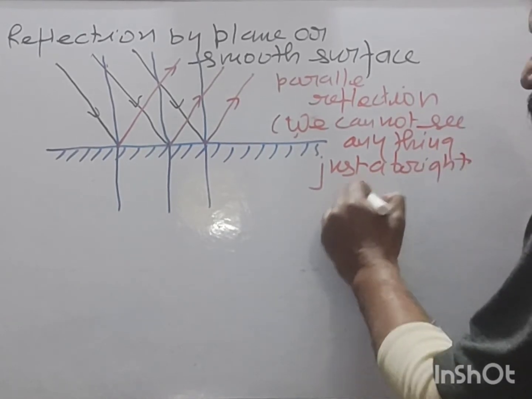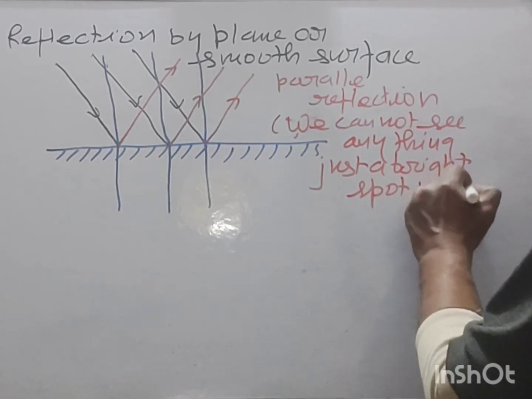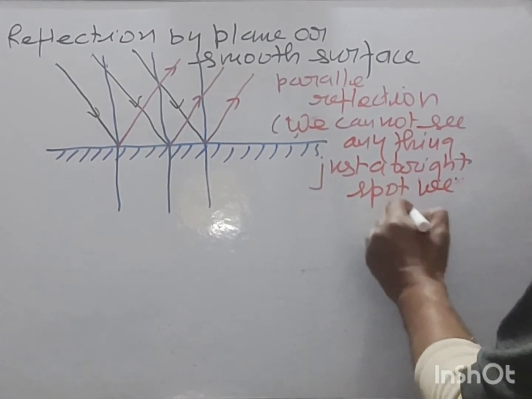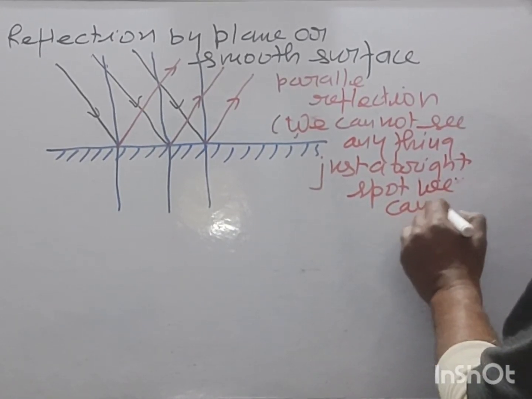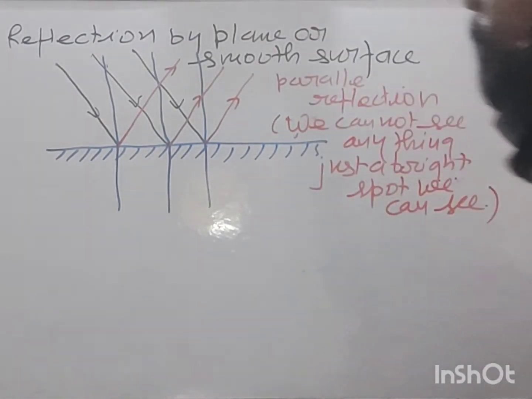You have seen so many times when light rays fall on a silver coated steel plate, then we see only a bright spot. A similar thing happens here because that is also smooth. When a light ray falls on a plane or smooth surface, parallel reflection occurs and we cannot see anything, just a bright spot.